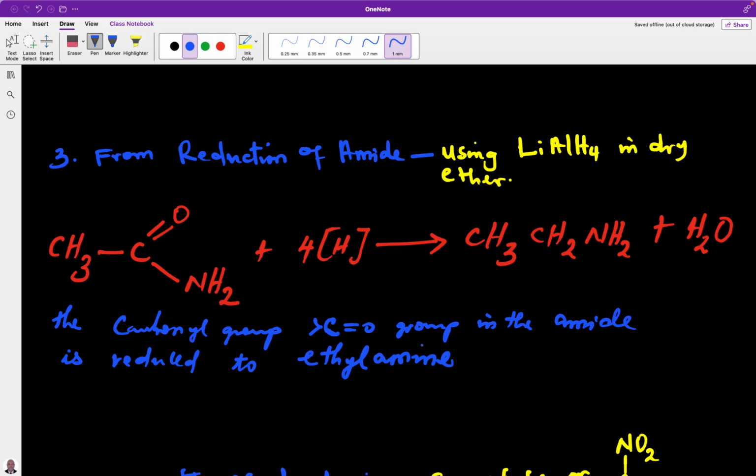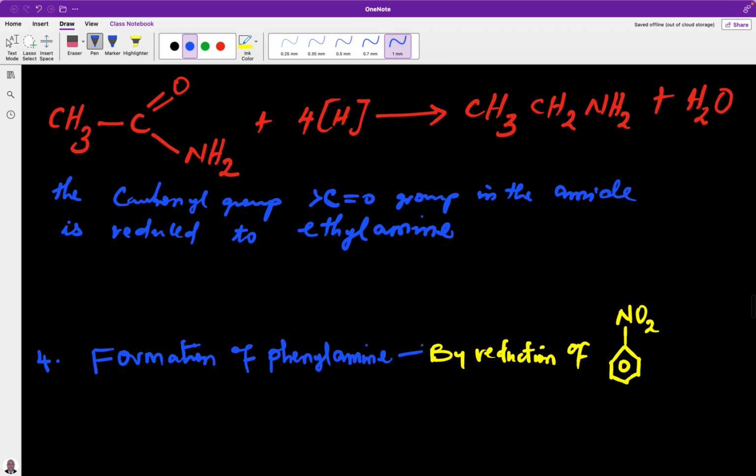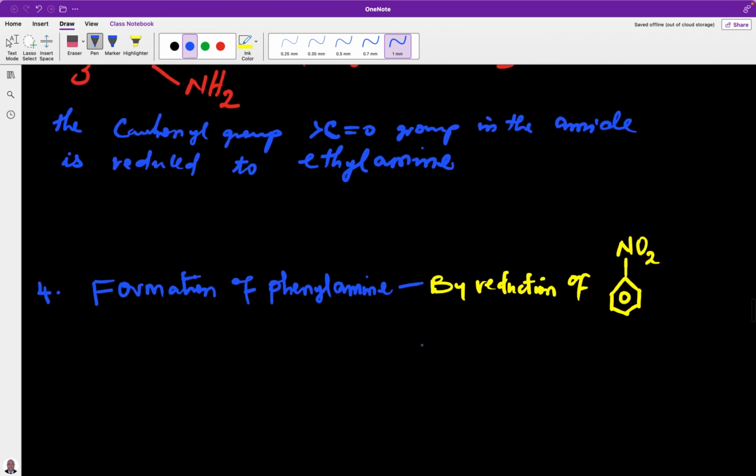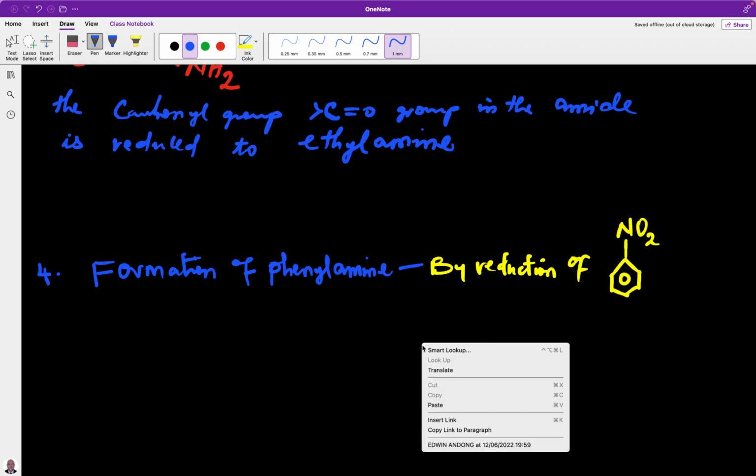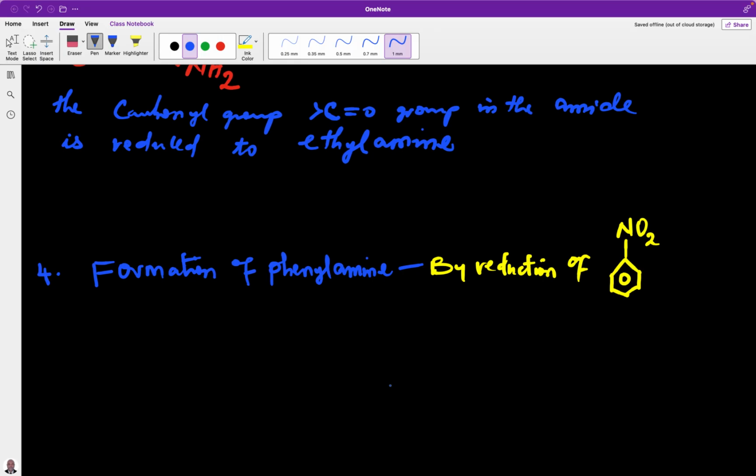Then there's the last method that we can use in the formation of amines: producing amine from phenyl, by the reduction of nitrobenzene. So formation of phenylamine is by the reduction of nitrobenzene.